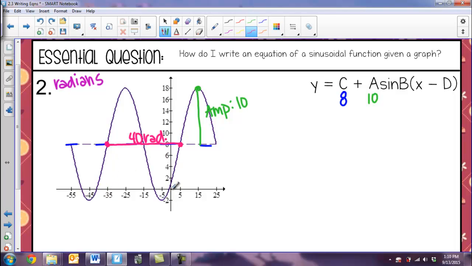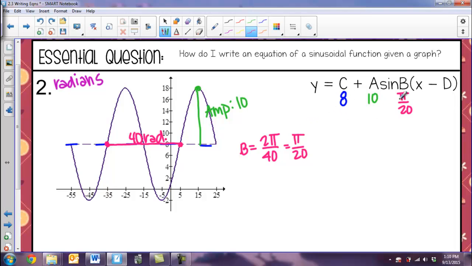Negative 35 to 0 is 35 distance, plus another 5 is 40 radians. Since we are in radians, in order to find my B value, I'm going to take my 2 pi instead of 360, and divide it by my period, which I just said was 40, which would simplify down to pi over 20. So my B value is pi over 20. Okay, so those are the 3 values that don't change. No matter which function you use, whether you use sine or cosine, C, A, and B are all going to be the same thing.